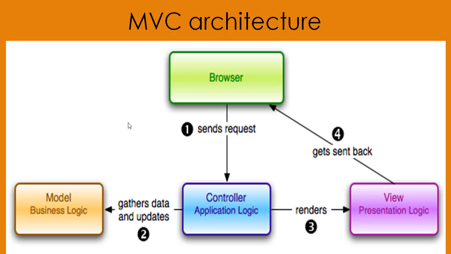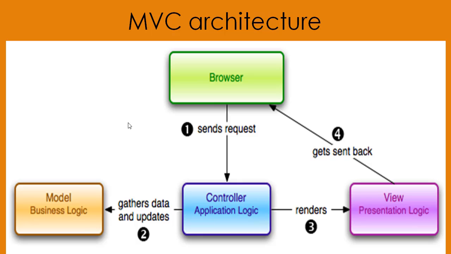Okay, this is called BAL, business access layer, right? And this model class contains some database object related things. If you create any tables in the backend using SQL Server, the column names and their entities will be created inside the model file, model class. So it's called business logic.